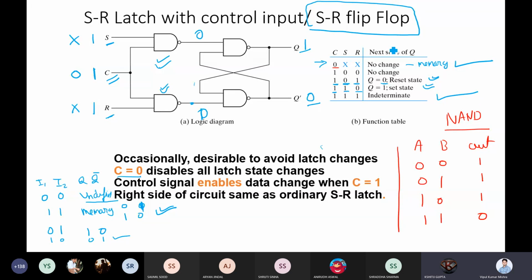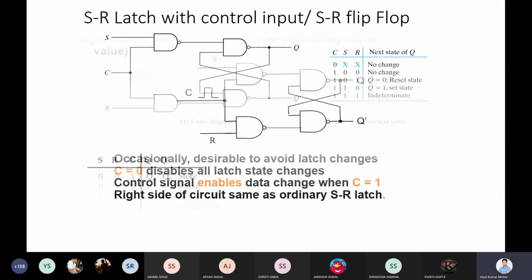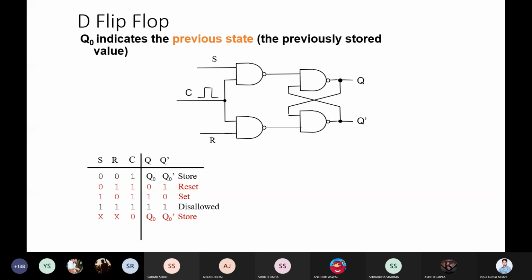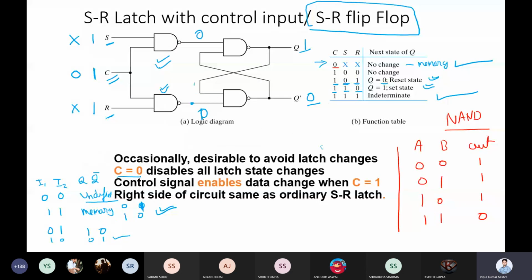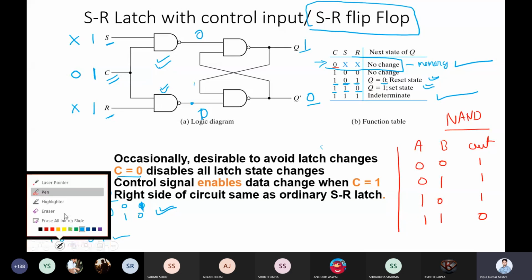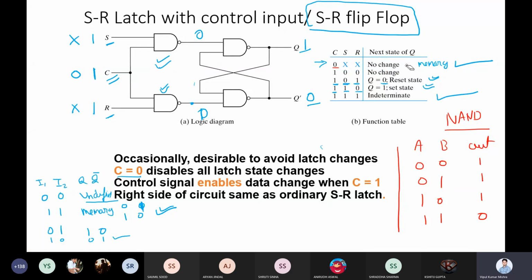So I just want to remove these two conditions. This one acts as a memory state. Sorry, just give me a minute. I'm highlighting the wrong place. I don't want this.